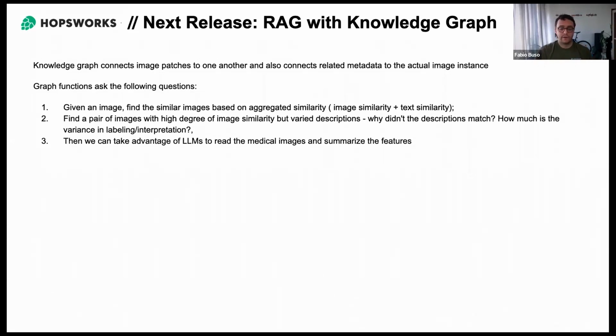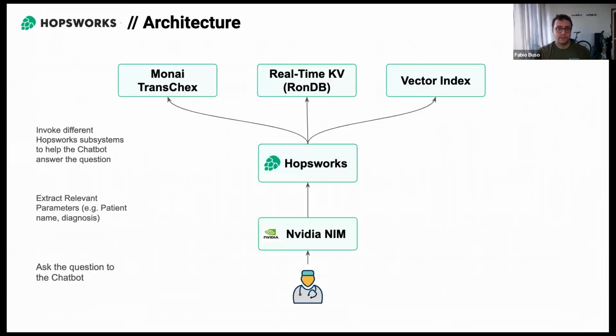And from a Hopsworks perspective, what that looks like is adding another arrow here at this level, where it's another type of function that the LLM can invoke for doing queries on knowledge graphs and retrieving similar items and similar aspects.